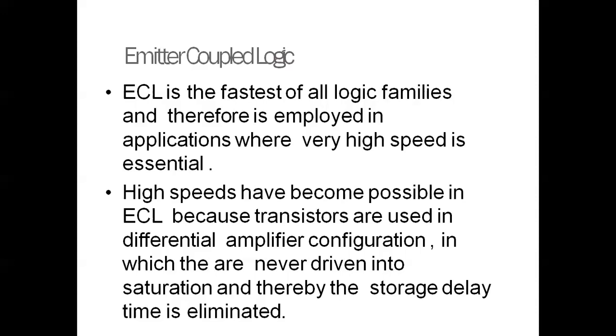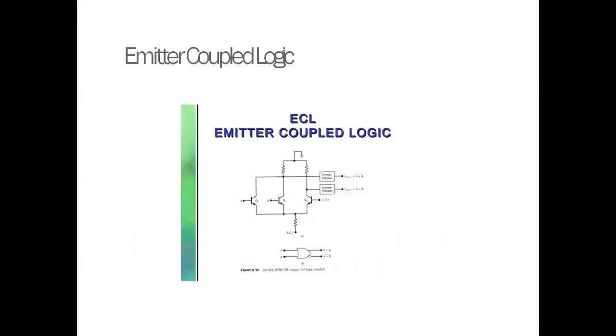It means propagation delay is minimum there, and storage time is also minimum because transistors are used to configure or transfer data, and they do not go into the saturation point.